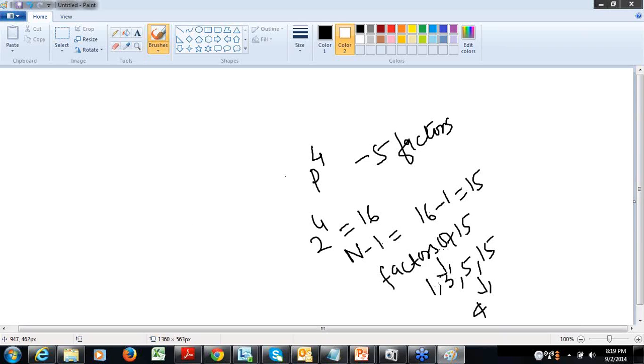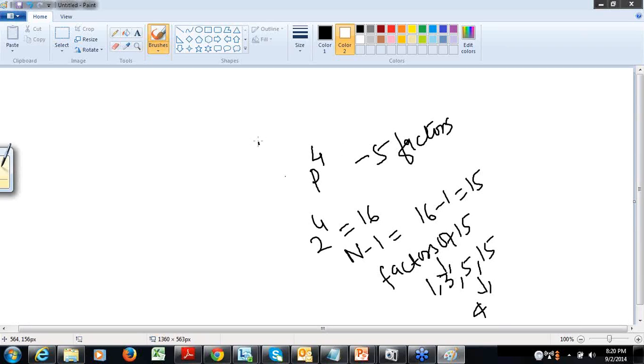So 15, so 1, 3, 5 and 15. So these are the 4 factors. Why use prime number? Any number, if it is not prime, will be reduced to primes when you are finding a factor. Hope you remember this, Rishabh.